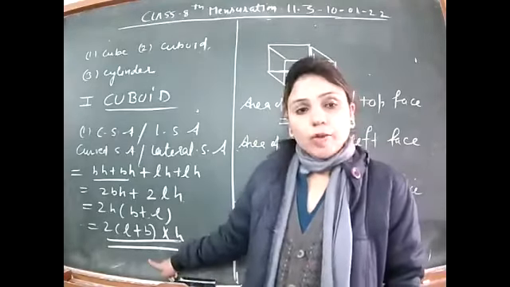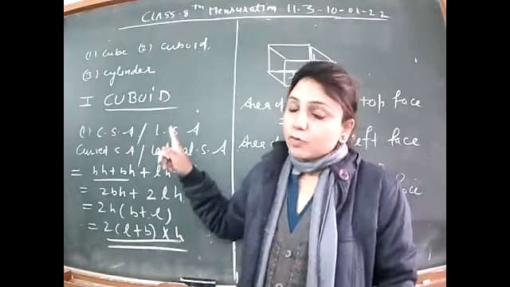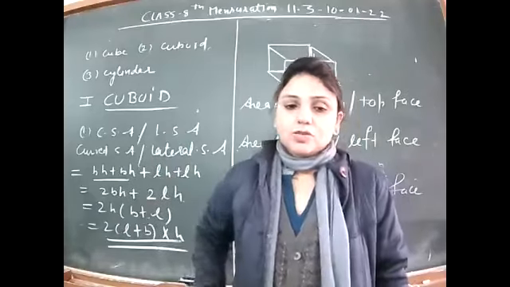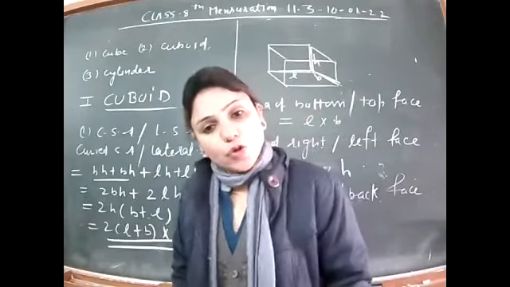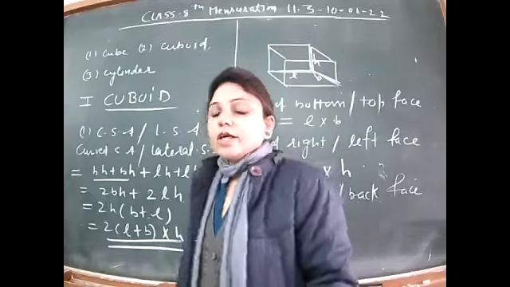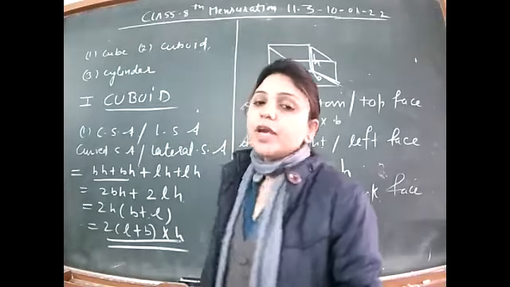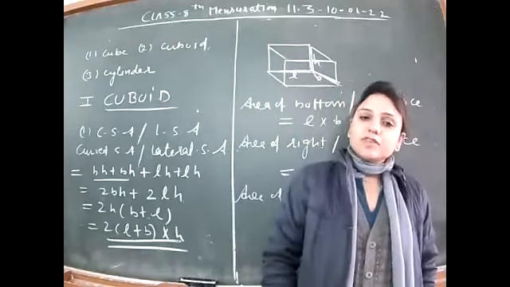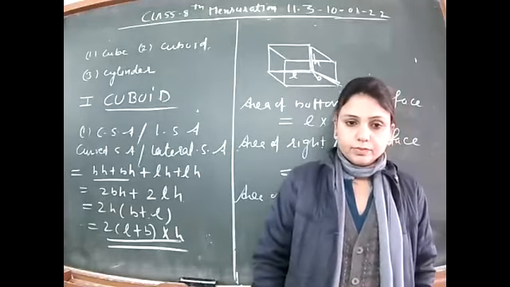It will not include the upper and the roof and the base. दोनों चीजें roof and base इसमें include नहीं होंगी. Right, left and front back faces will be included in the curved surface area of cuboid.